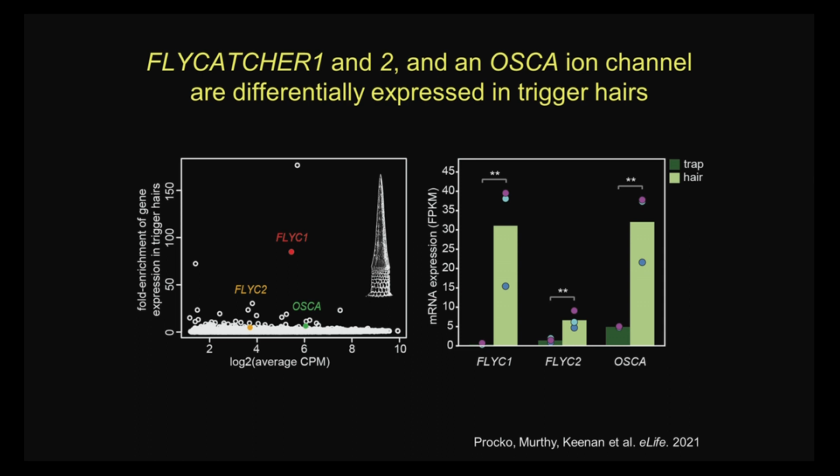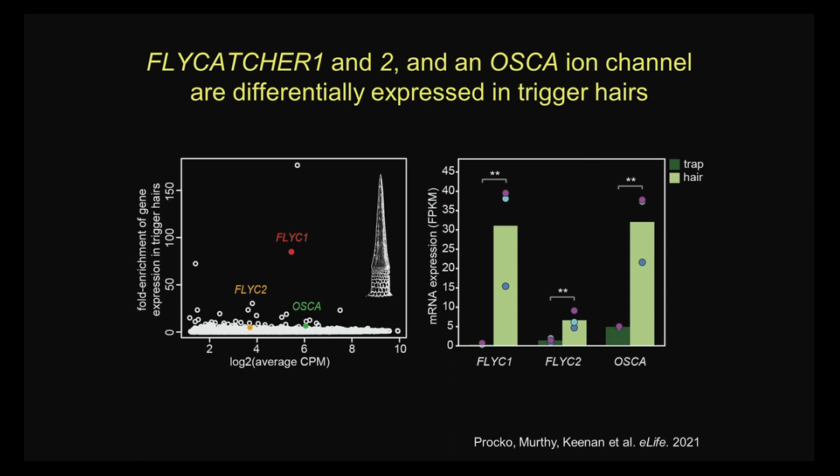So here what you're looking at, right, this is all the genes which are expressed within the trigger hair. And here on the y-axis, you're looking at the enrichment in expression of those genes in the trigger hair relative to the underlying leaf tissue. And then they just spread across the x-axis by some relative measure of gene expression.